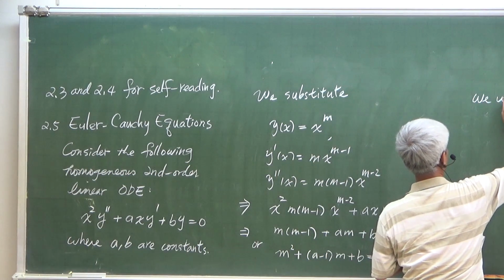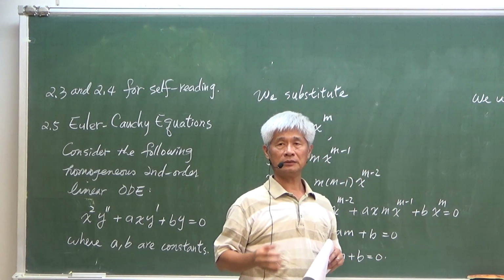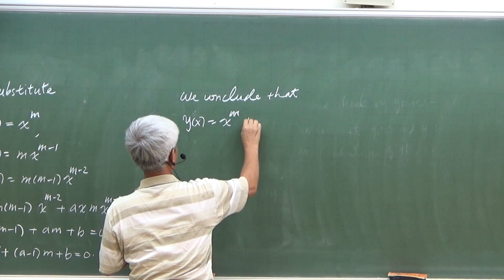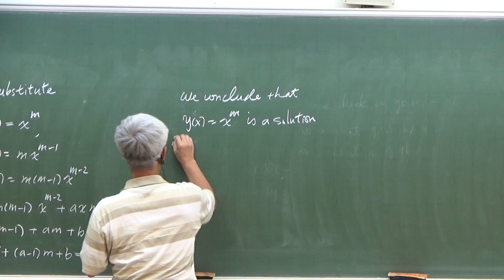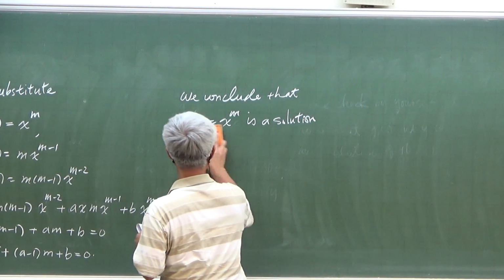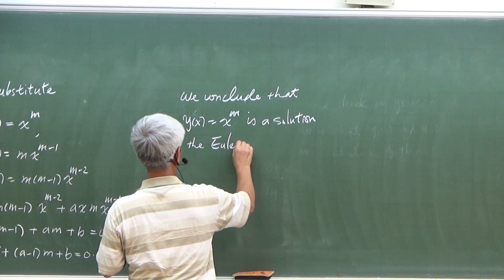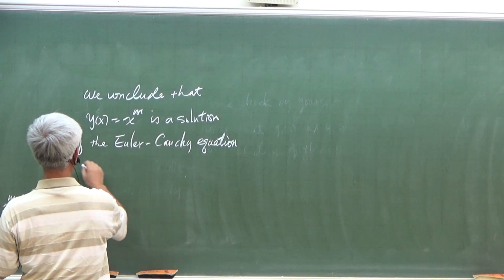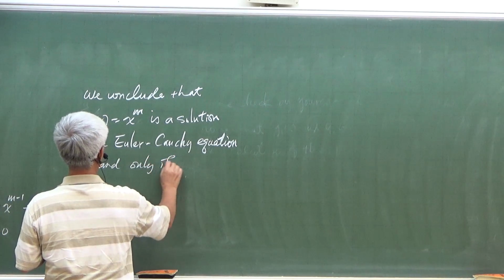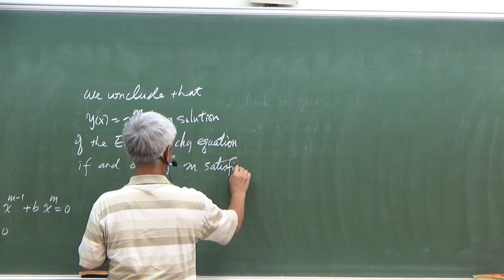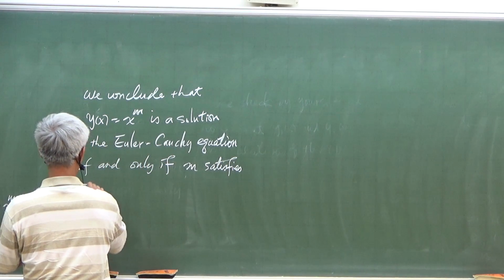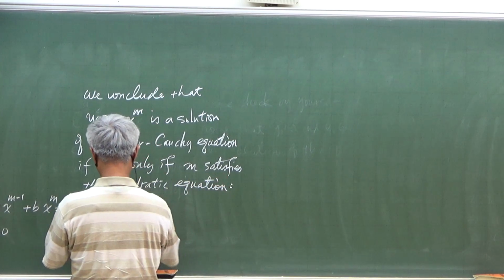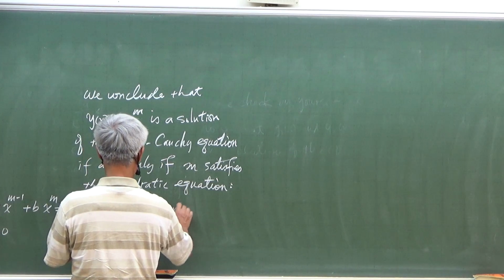Okay, so we conclude, just like in the case of having constant coefficients, that y equals x^n is a solution of this Euler-Cauchy equation if and only if n satisfies the quadratic equation n squared plus (a minus 1)n plus b equal to 0.